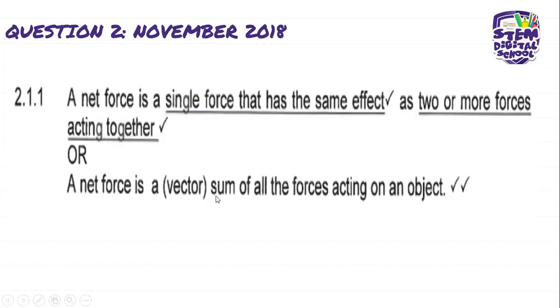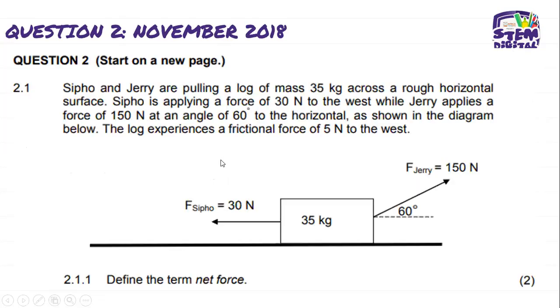And hence, we say it is the vector sum of all the forces acting on an object. So be able to know that. You can see those words that are underlined, they are critical. You omit them, you lose marks. 2 or more forces acting together, you make omissions there, you lose marks. So be able to work on that.